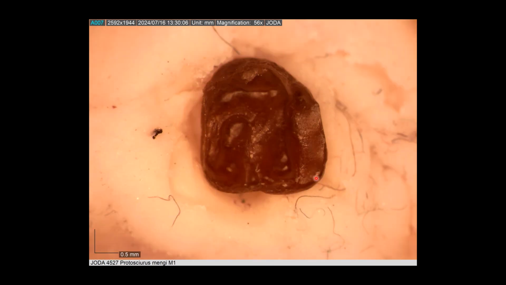This is an upper M1 that we had of Protosciurus, sample 4527. It is a bit upside down. This one's harder to find, but you can see there's a cusp here, sort of a cusp here, a bit here too. This is a very clear sample that we got. It was very helpful in the program.